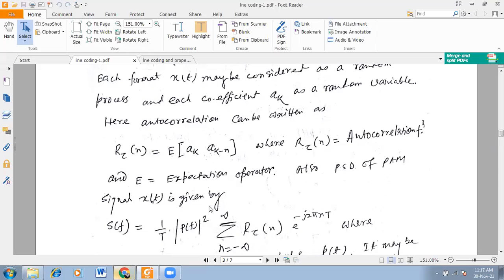It is a standard form, so we will easily get it. Now for R(n), the autocorrelation, you have to find it. But there is a beautiful relation between autocorrelation and the average value, the expectation operator. R(n), the autocorrelation, is equivalent to expectation.